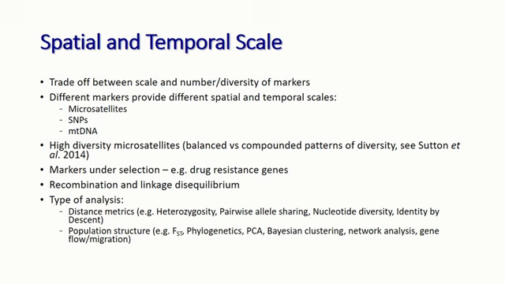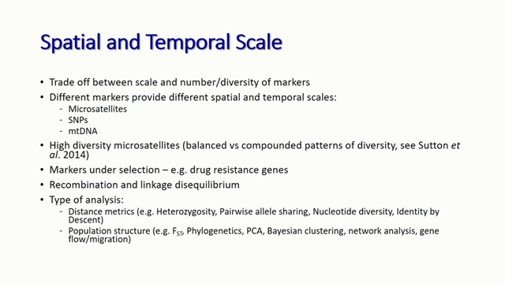And then when we're thinking about spatial and temporal scale, there's really going to be a trade-off between the spatial scale and the number or diversity of the markers that we use. There's different types of markers. They provide different spatial and temporal scales. Microsatellites evolve much more rapidly than SNPs, for example, and mitochondrial DNA gives you a temporal scale in the thousands of years, so more ancient patterns of infection spread.